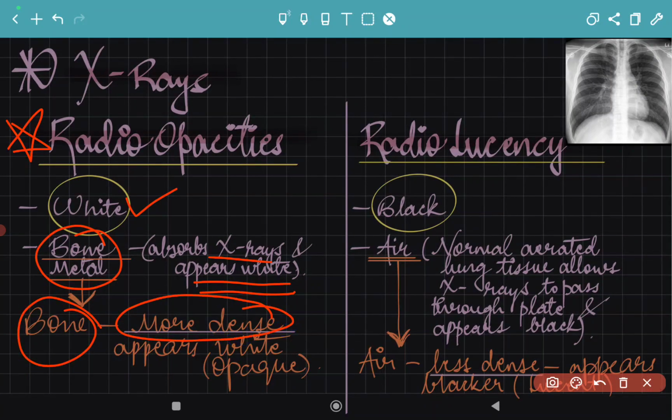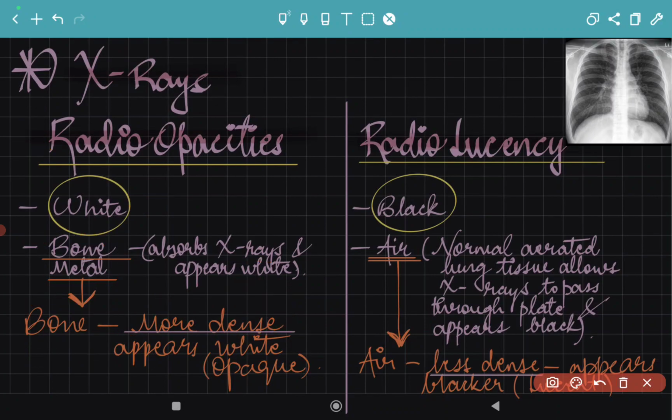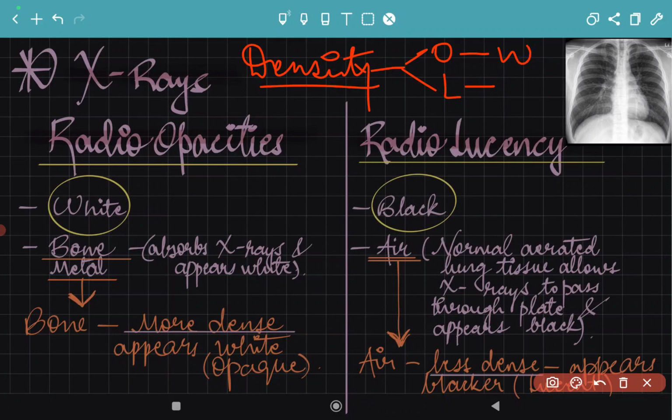We know that bone will be more dense, so because of its higher density, it will appear white as it will absorb the X-rays. So density is also the key point to understand opacity and lucency. Opacity is white, lucency is black or dark.